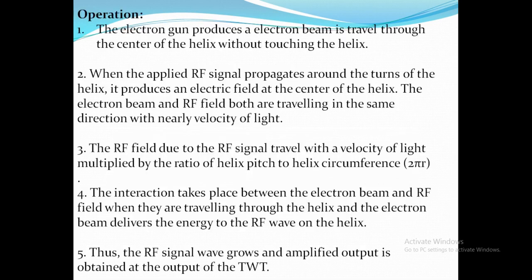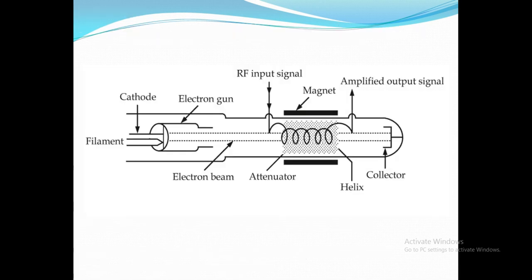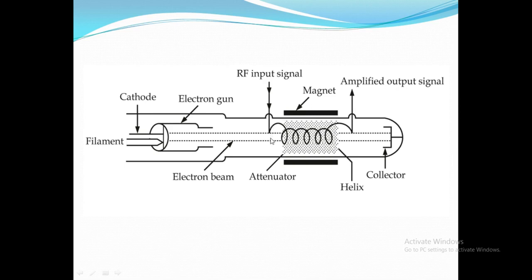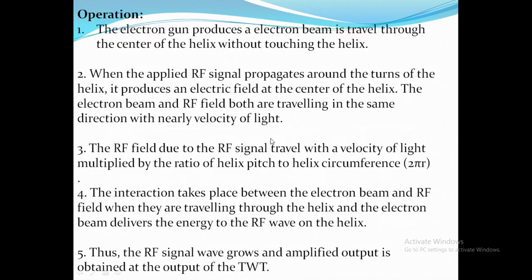First of all, the electron gun produces the electron beam, which travels through the center of the helix without touching the helix. When the applied RF signal propagates around the turns of the helix, it produces an electric field at the center of the helix.